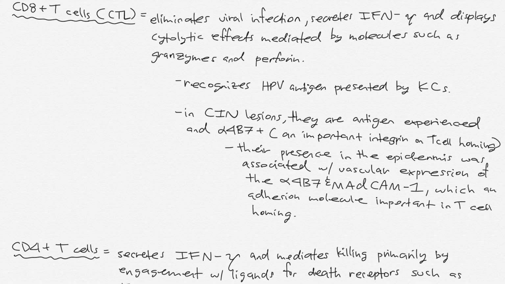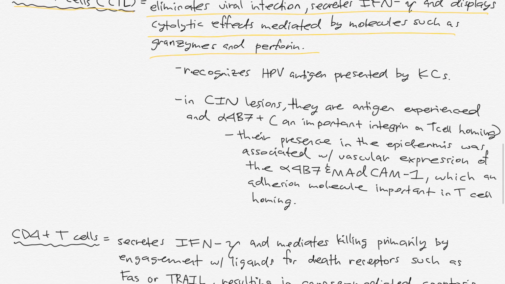The next immune cell that plays a major role is CD8 positive T cells, which are also known as CTL, or cytotoxic T cells. CTLs eliminate viral infections, secrete IFN gamma, and display cytolytic effects mediated by molecules such as granzymes and perforin. CD8 T cells recognize HPV antigen presented by KCs.